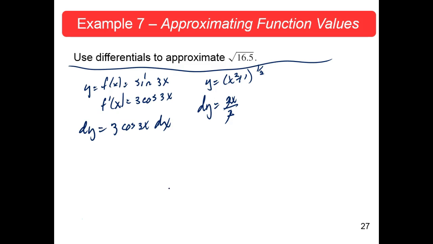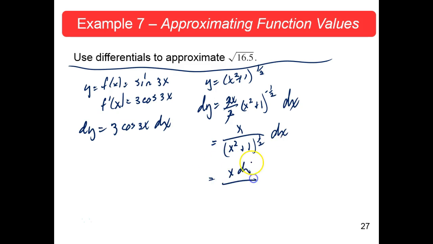What else? x squared plus 1 to the negative 1/2, and then you'll have your dx. So if you want to clean it up a little bit, it'd be x over x squared plus 1 to the 1/2 power dx. Or they may write it as x dx over x squared plus 1 to the 1/2 power.